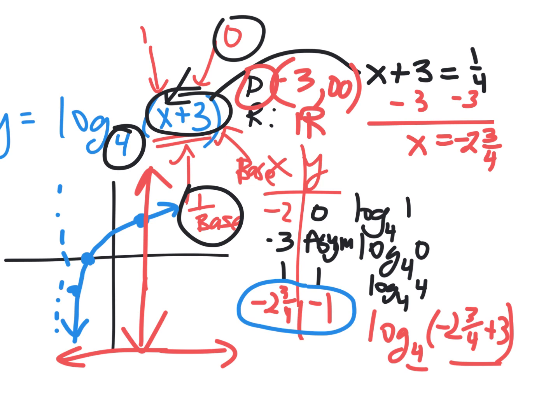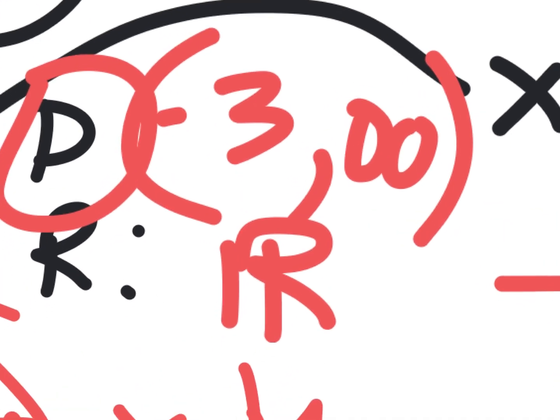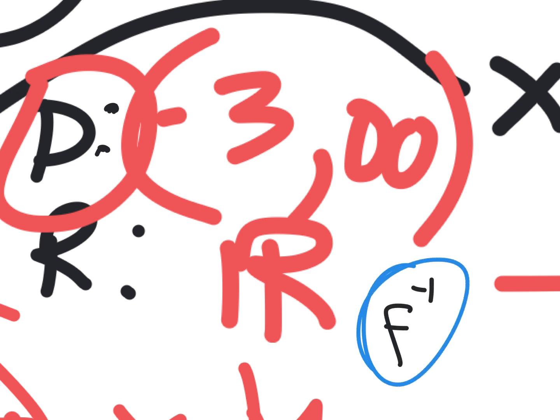So let's just talk about that for a second. Without even thinking about it, we now have a domain and a range, which can tell me the domain and range of the inverse. Do you get what I mean? If I just need the domain and the range of f-1, do you guys remember that thing? I'm not just taking a side trip here. This is important.